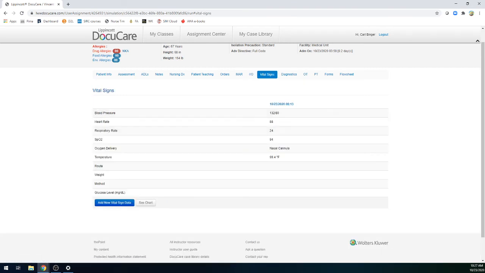Vital signs. This was another one that a lot of people questioned. And I know some students said, well, I'm not going to take him off the nasal cannula to get a baseline room air sat. Okay. All right, that's fair. So now we should have some different vital signs, though, correct?